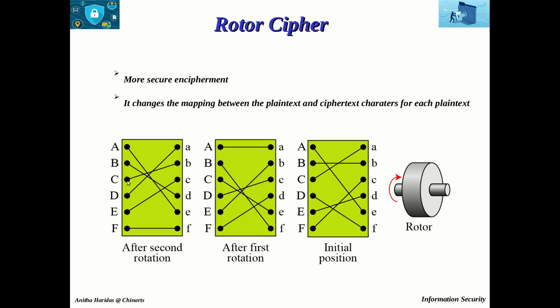Now this diagram shows a simplified example of a Rotor Cipher. This figure shows only 6 letters, but the actual rotor will have 26 letters. Now this rotor is permanently wired, but the connection to the encryption and decryption characters is provided by the brushes, which can be decided by the messengers.